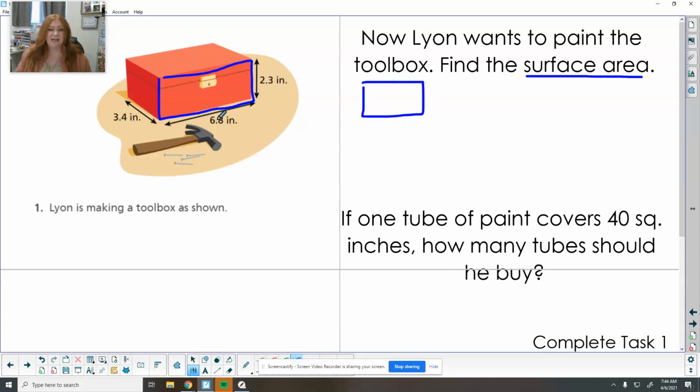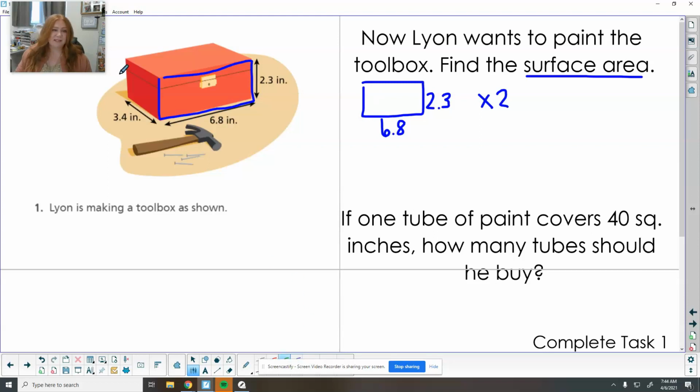So we've got this rectangle that's dimensions are 6.8 and 2.3. And we have that front and the back. So we've got 2 of those. So we're going to do length times height, or base times height, and we have 2 of those.